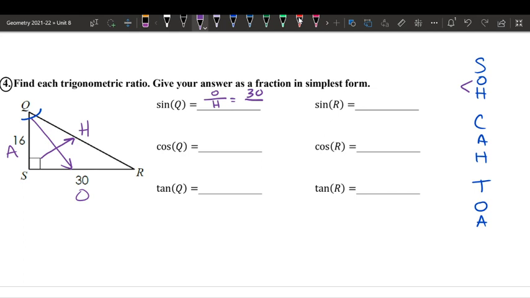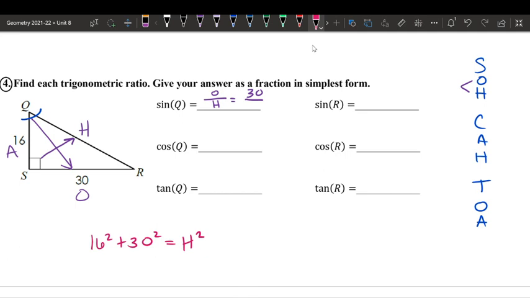Because I don't have a value there. I could use the Pythagorean theorem to figure out what H is. First, I'm going to say 16 squared plus 30 squared equals H squared, because I know it's a right triangle.